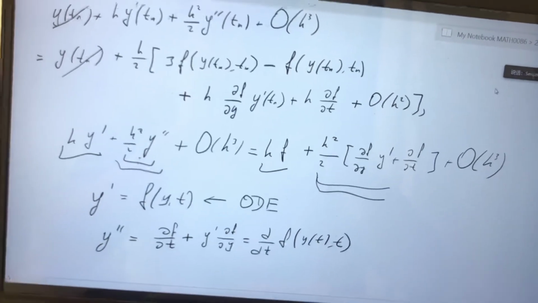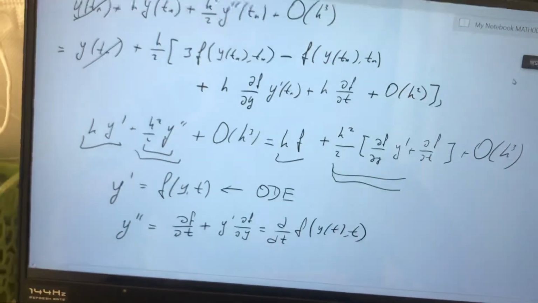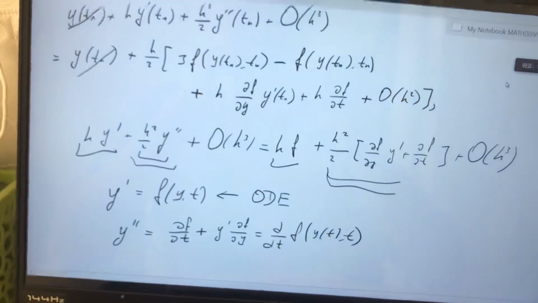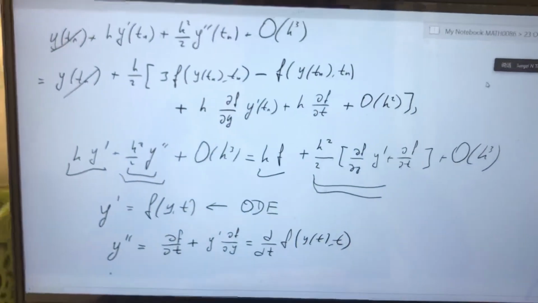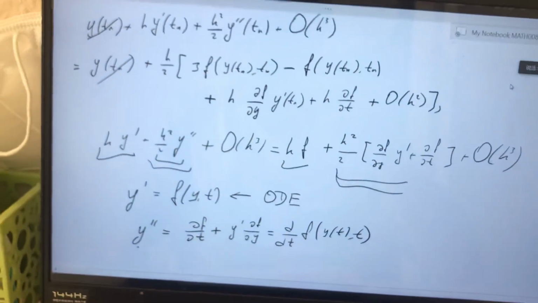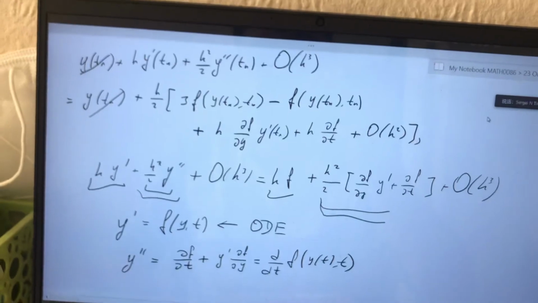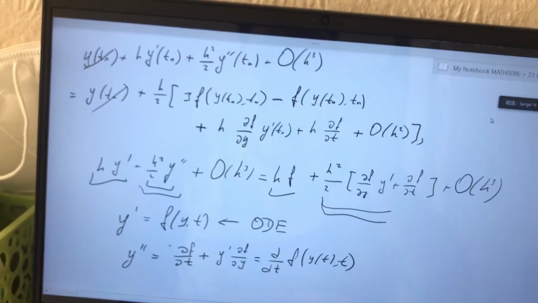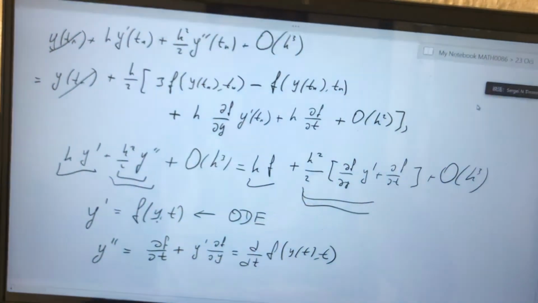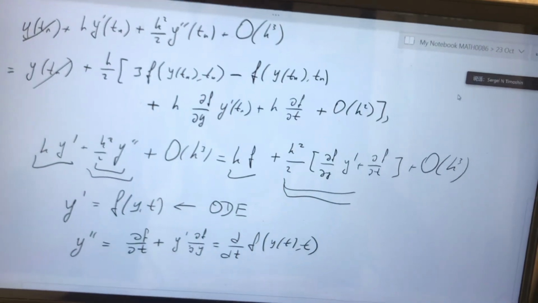So at order h squared, our differential equation is still satisfied because what we have at order h squared is the derivative of the differential equation. Left-hand side is d by dt of y prime, right-hand side is d by dt of f.